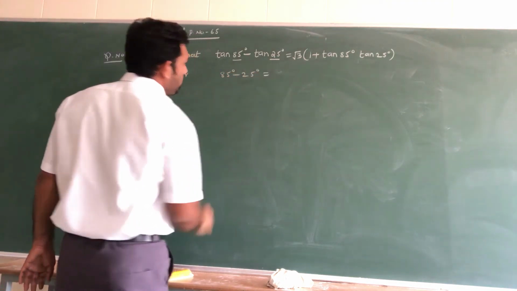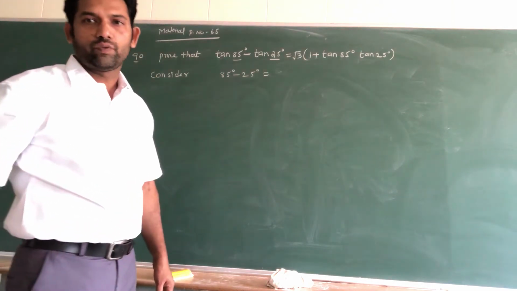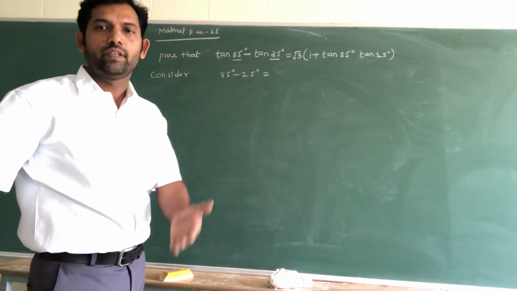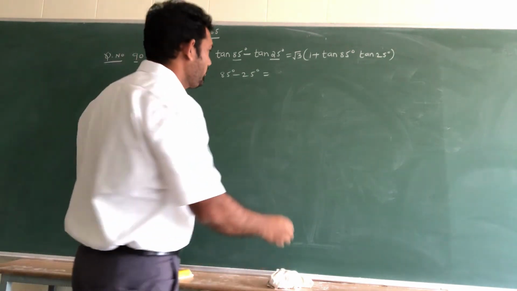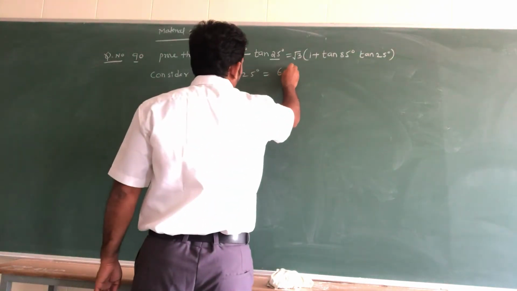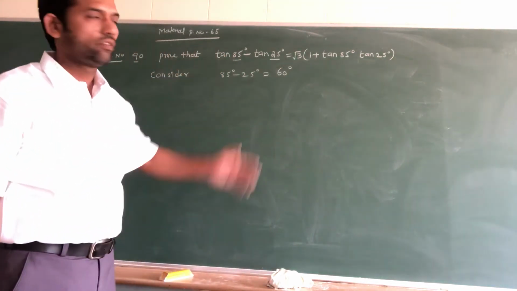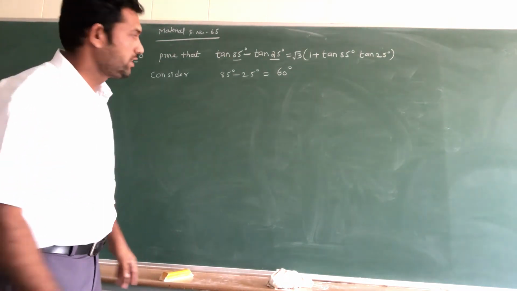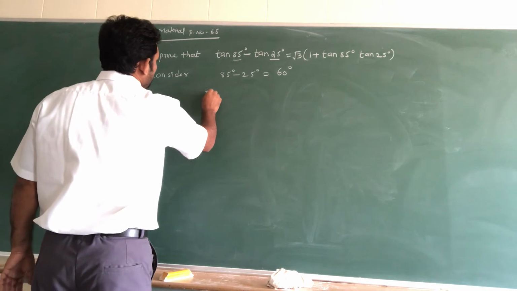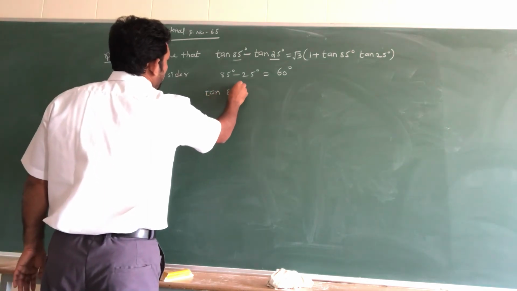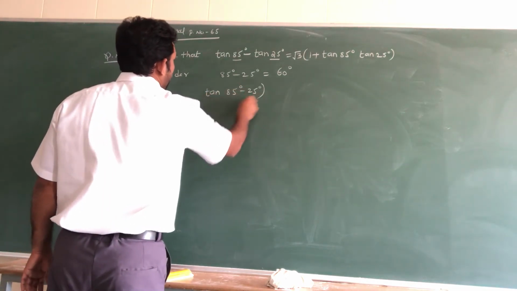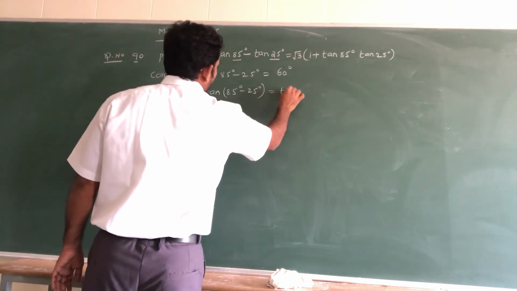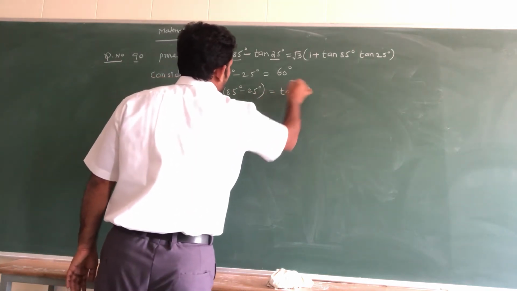How much? It is 60 degrees. Now the whole problem is in terms of tan, so take tan on both sides: tan of 85 degrees minus 25 degrees is equal to tan 60 degrees.